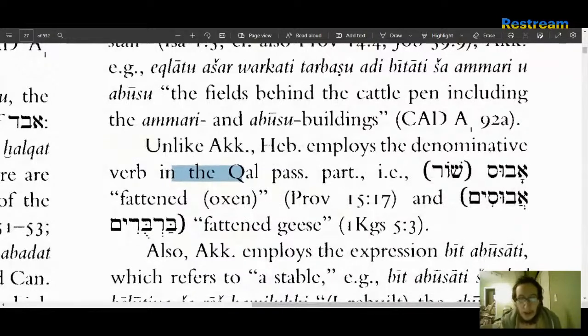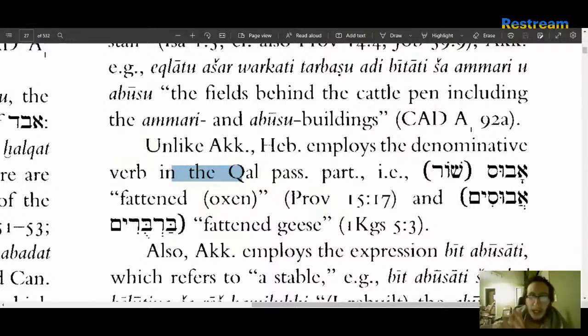So like it uses it to mean almost like an adjective. The oxen are fattened, they're filled up, they're fed. But Akkadian apparently doesn't do that. At least mainstream Akkadian doesn't. That doesn't mean, by the way, that the Bible was making it up or that it's a later thing, because Akkadian had different forms.